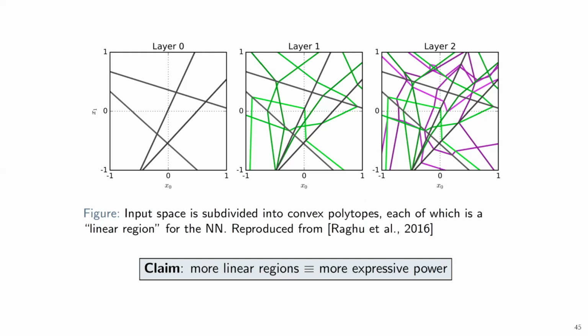You see how the input space is subdivided into convex polytopes. Each of them is a linear region at layer 0 of the neural net, layer 1, layer 2, and so on.